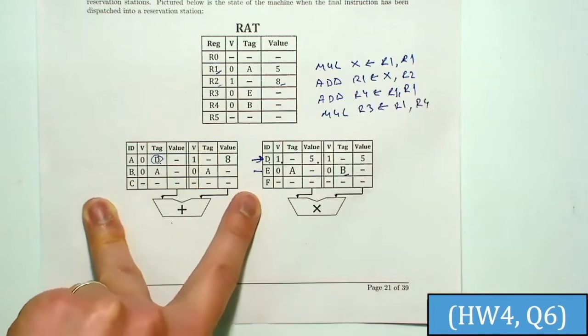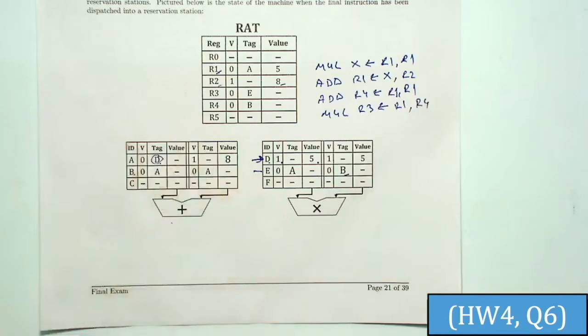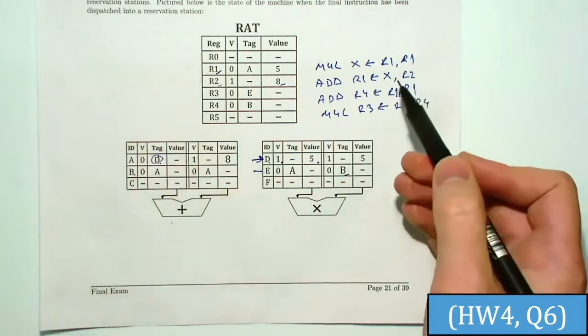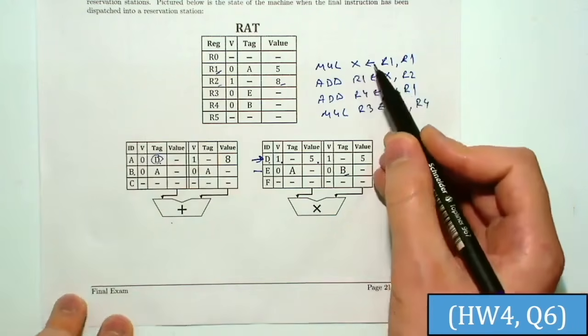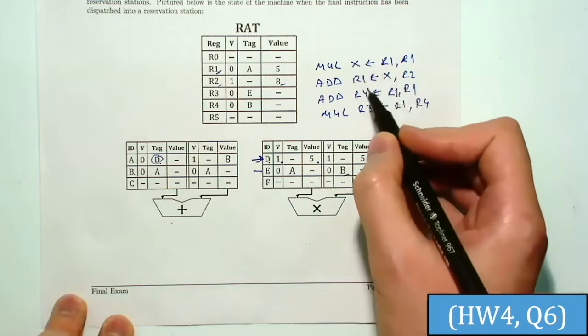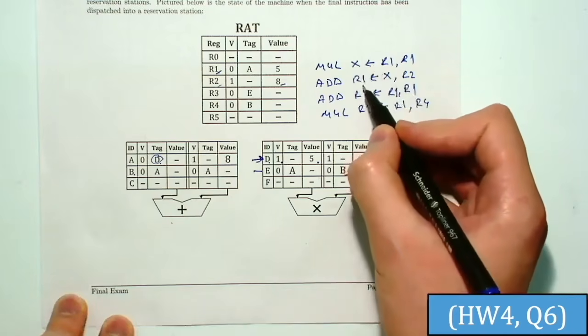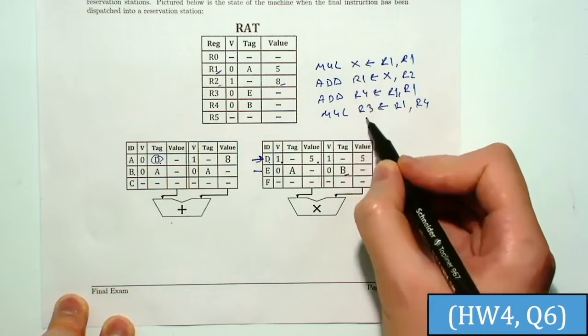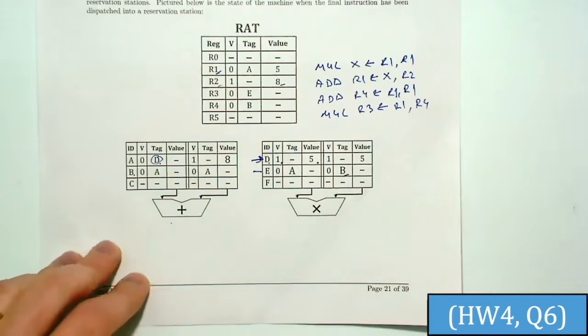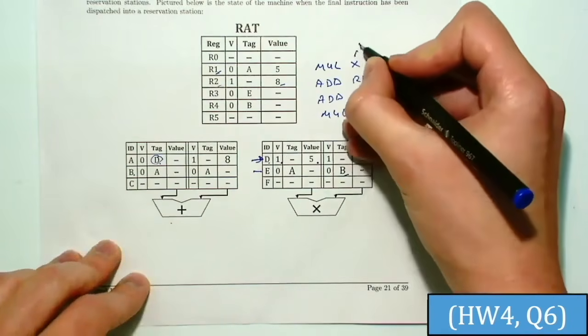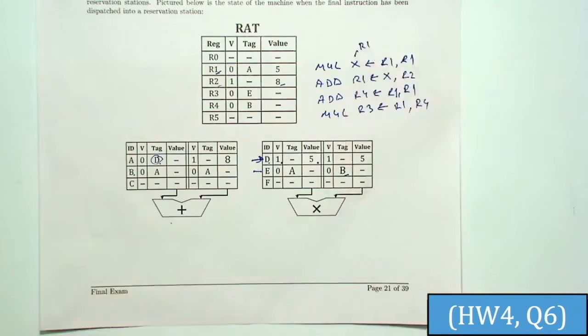So this is the program, and we couldn't find any clue about what X is. It could be R1, since R1 is overwritten by this instruction over here, or it could be R4, or it could be R3. Nothing changes based on which register you put here, when we do the next parts of the question.